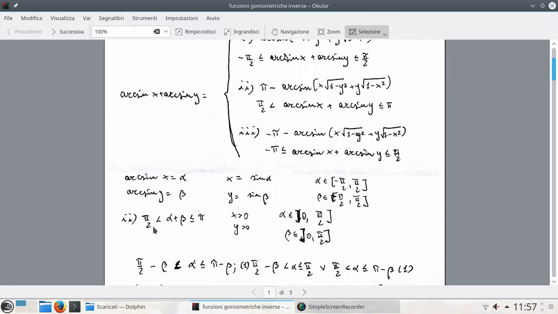We have 1/2 of pi less than alpha plus beta, not greater than pi. Of course, we have x and y positive, and alpha and beta belong to the same left semi-open interval between 0 and 1/2 of pi.